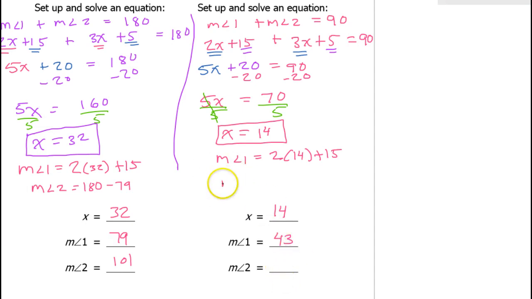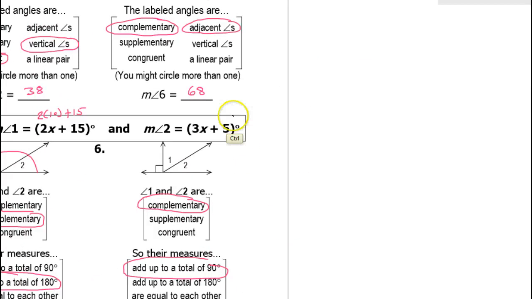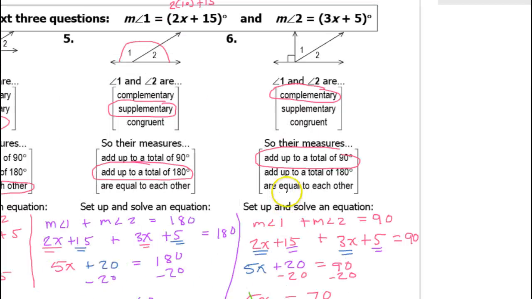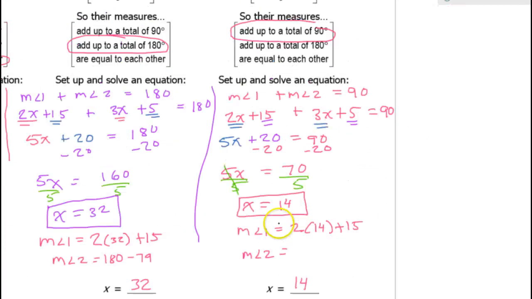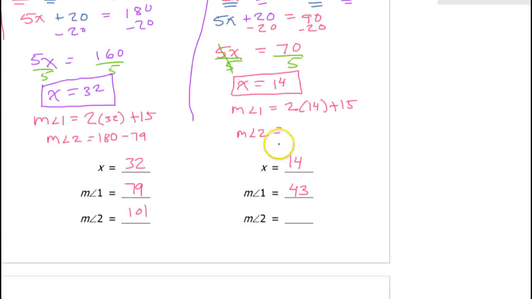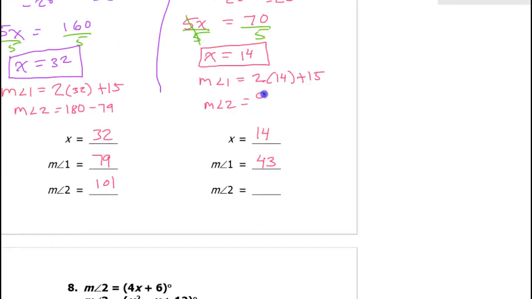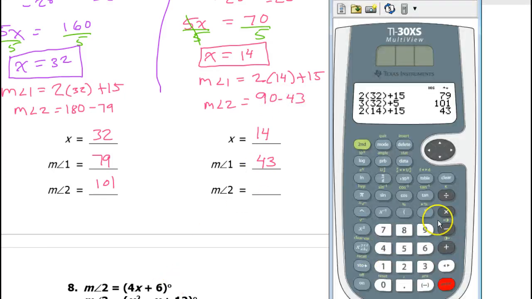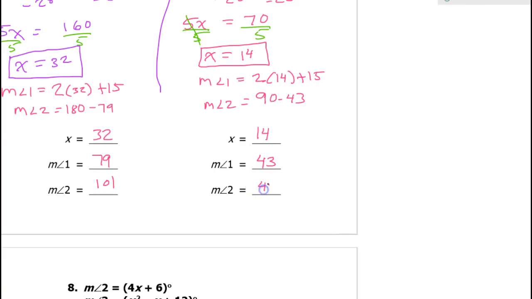Now if I want to find the measure of angle 2, I can either use the formula for angle 2 again, or since these are complementary, they have to add up to 90. So I could just do 90 minus 43. Either way, I should get 47.